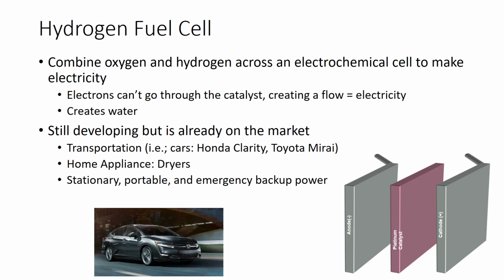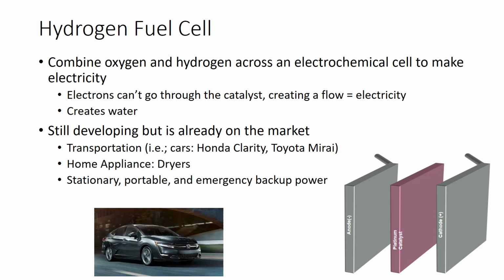The reason it creates electricity is because the electrons can't go through the catalyst, and so it ends up creating a flow of electrons, and a flow of electrons is electricity. That's what electricity is. By combining the oxygen and hydrogen, the only emission is water, which sounds awesome.